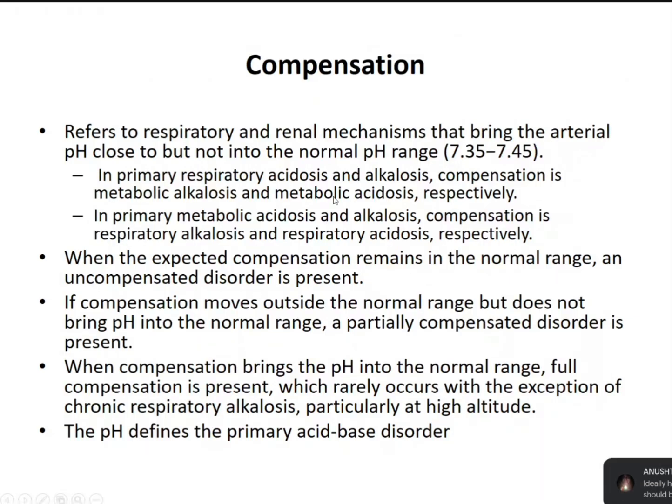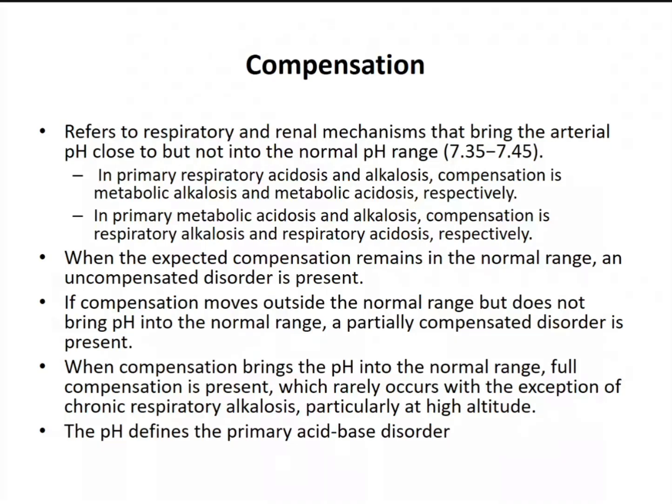In primary respiratory acidosis the compensation is metabolic alkalosis, and in alkalosis it is metabolic acidosis. Are you understanding what I'm trying to say? If the primary insult is a respiratory acidosis, the body will try to compensate by making a metabolic alkalosis. Whereas if the primary insult to the body is respiratory alkalosis, the body is going to compensate with metabolic acidosis, and vice versa.